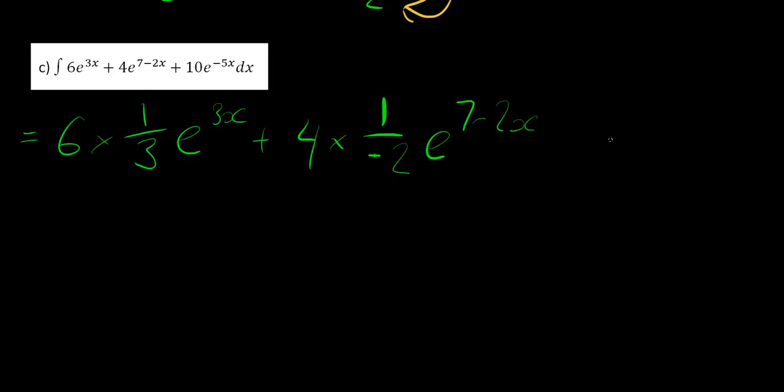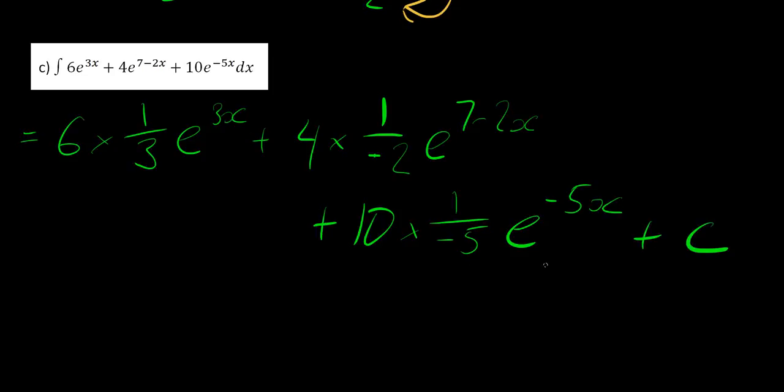And I think I may run out of room, so I'm just going to put the last term down here. So plus 10 divided by, 1 on negative 5, e to the power of negative 5x, plus c. Okay, so this one over here becomes 2, e to the 3x.